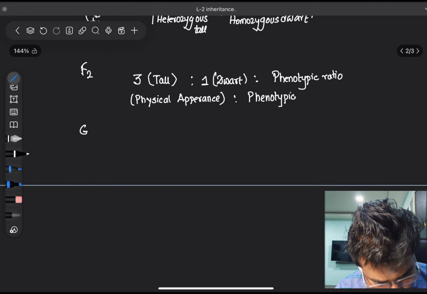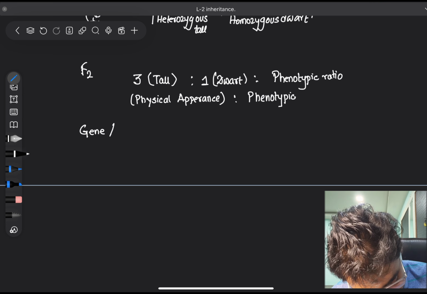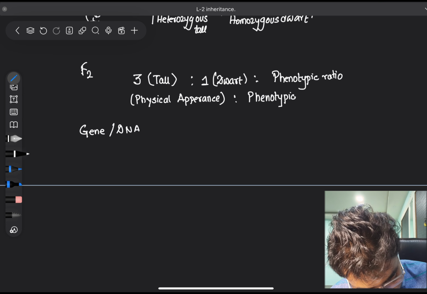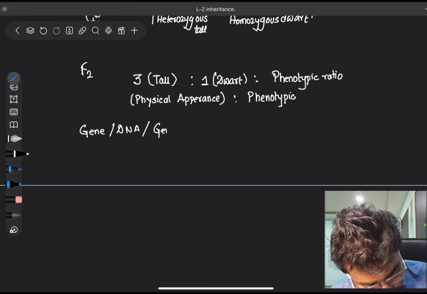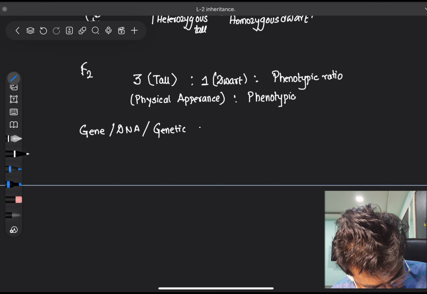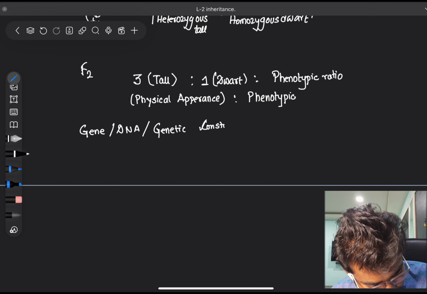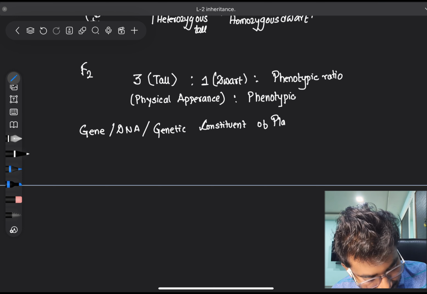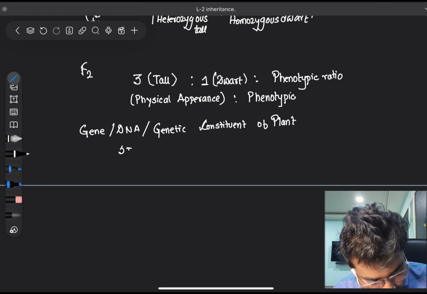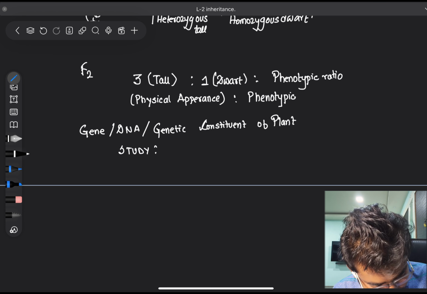Okay, now gene, or DNA, or genetic constituent of plant, study, is genotype.